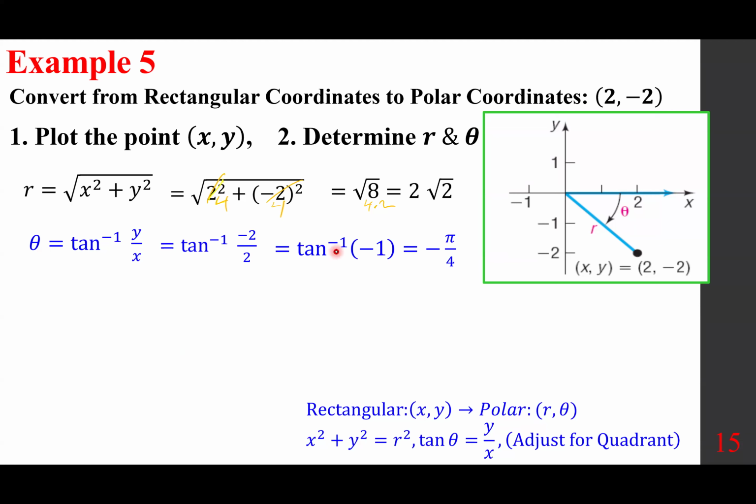Remember, inverse functions have a unique solution, and for tan the restriction was from negative pi over 2 to pi over 2. That means quadrant 4 or quadrant 1; negative puts us in quadrant 4. Because if it's 1, it's pi over 4. Remember, pi over 4 would be the reference angle, so minus pi over 4. Therefore, we have r as 2 square root of 2 and theta as minus pi over 4. That's one representation, and it's fine.